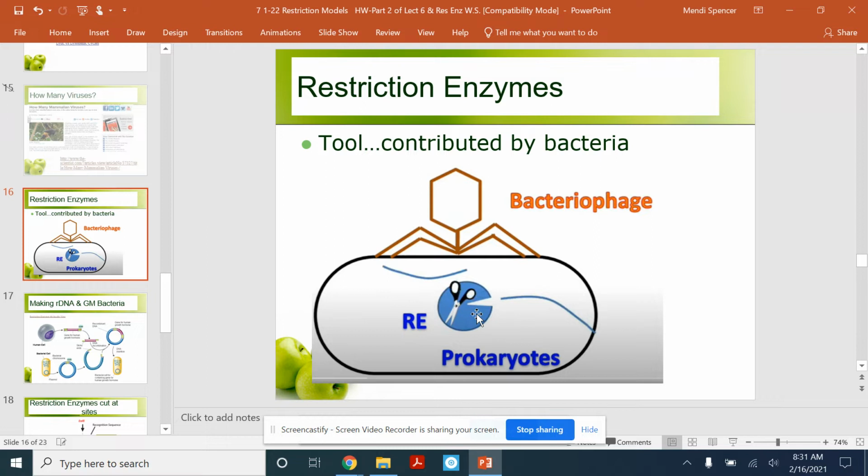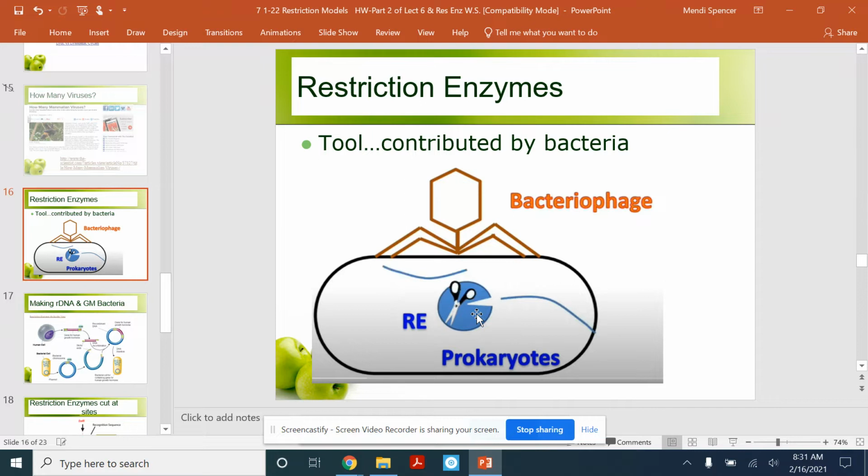A defense mechanism that evolved over time in bacteria cells is an enzyme that can cut virus genetic material. So therefore the bacteria doesn't produce the viruses and die. Again, that's not an intentional thing bacteria did. They don't have brains. They don't have the ability to plot and plan because they're in a big war with viruses.